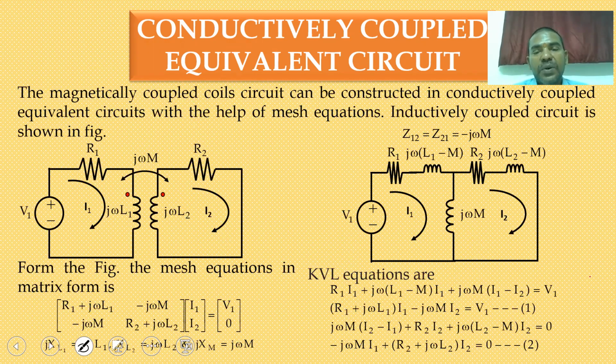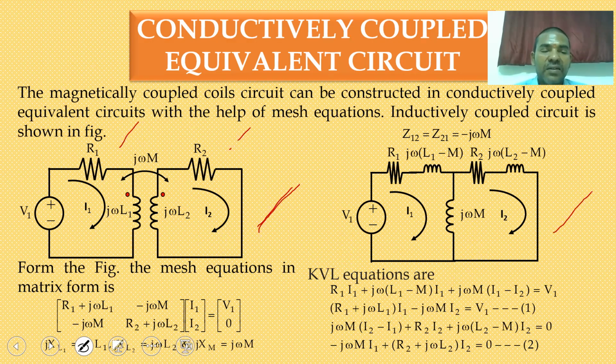Conductively coupled circuits mean there is a direct connection between the elements. This is an inductively coupled circuit, where the two loops are not directly connected, but here the two loops are directly connected. Direct connection of two loops is what you call a conductively coupled circuit. If there is no direct connection, then it is a magnetically coupled circuit.